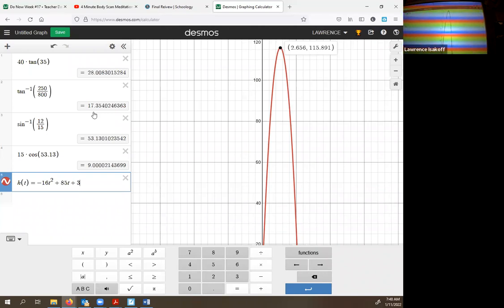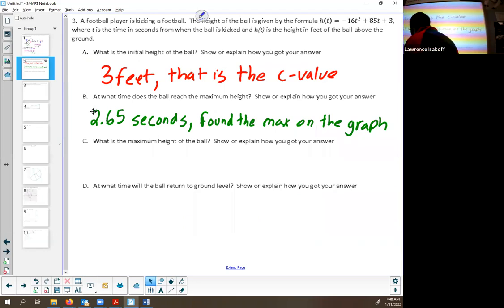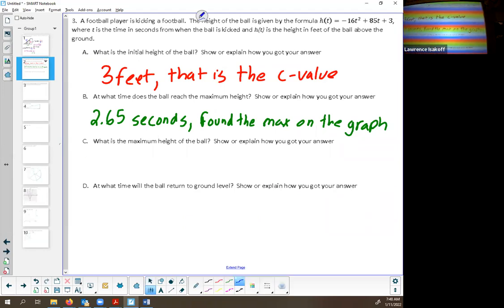So that's 115.89 feet. So what's the maximum height of the ball? 115.89 feet.